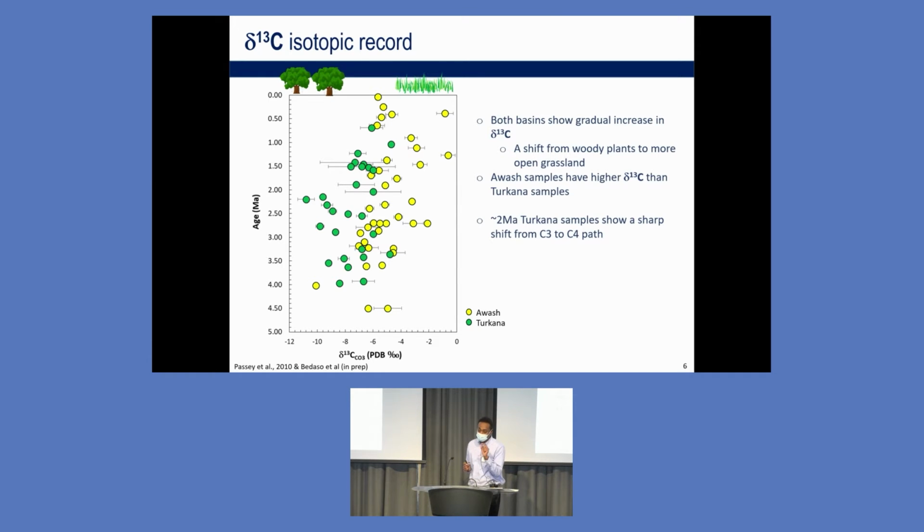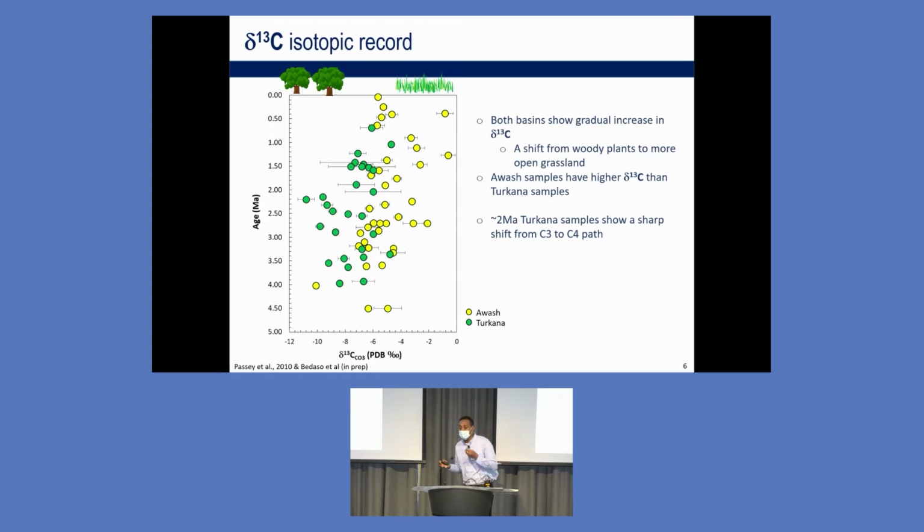It's the soil carbon. It's those little things within the soil. So in the past, from 5 million years to the present, the delta 13C value shows a slight increase, a shift from the left to the right, from the closed canopy towards the grassland.